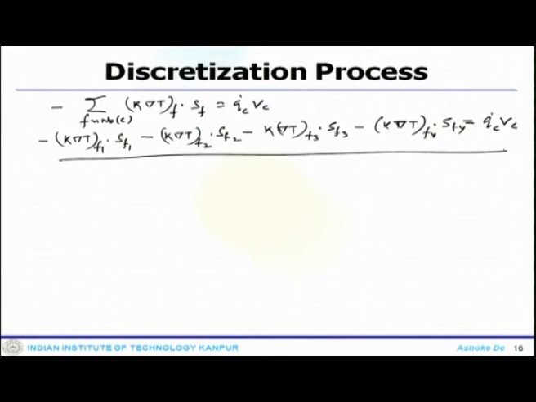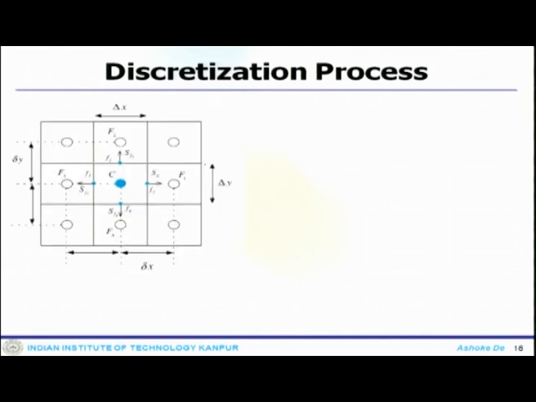Now, what is my Sf1? Sf1 would be delta y F1 i. If you look at that particular element C, I am dividing this in the x direction, this is small x, the uniform width, and this is delta y, then my Sf1 would be delta y F1 i, and my delta x F1 would be x F1 minus xc.